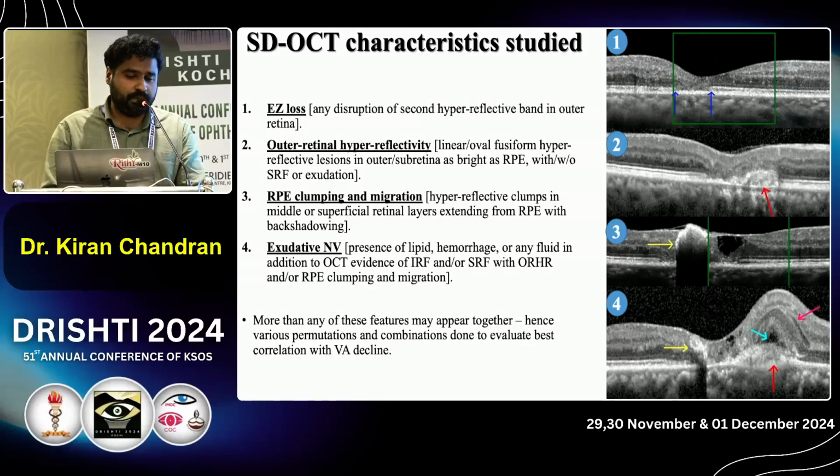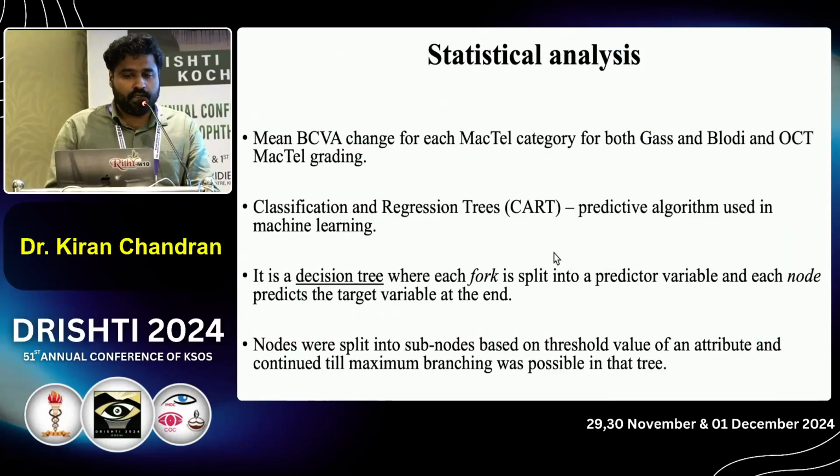Hence, various permutations and combinations were used to evaluate the best correlation with visual acuity decline. The mean visual acuity change for each MacTel category for both Gass and Blodi and OCT MacTel grading was used. Classification and regression trees, that is a predictive algorithm using machine learning, was used. It is a decision tree where each fork is split into a predictive variable and each node predicts the target variable at the end.